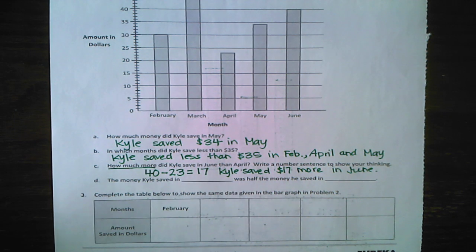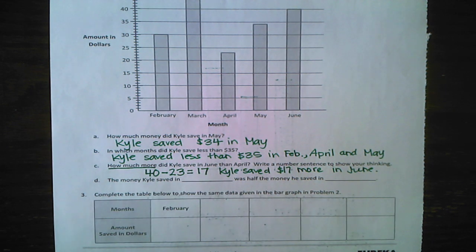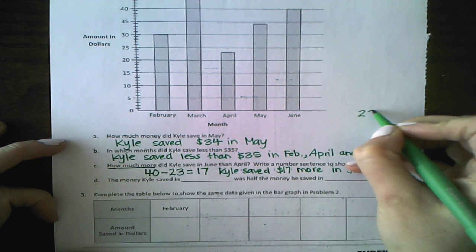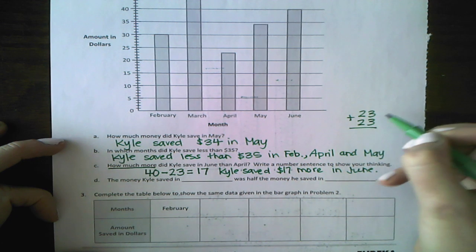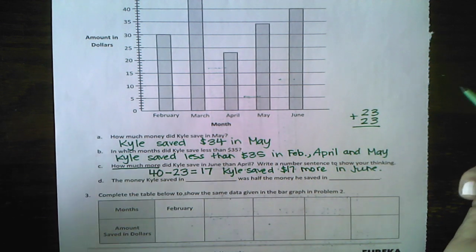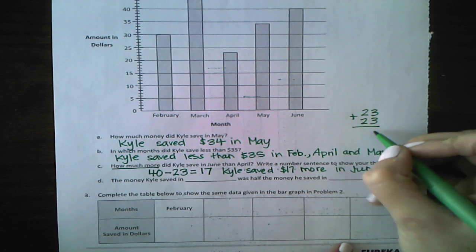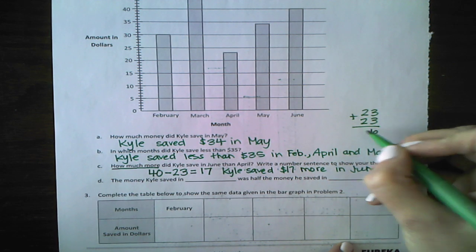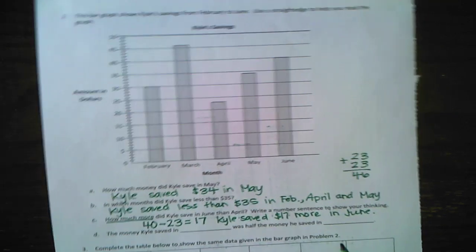And we said that he saved 23 in April. So if 23 is half, let's do 2 times 23 and add those together quickly. 3 plus 3 is 6. 2 plus 2 is 4. So if he happened to save $46 in March, then we found it.